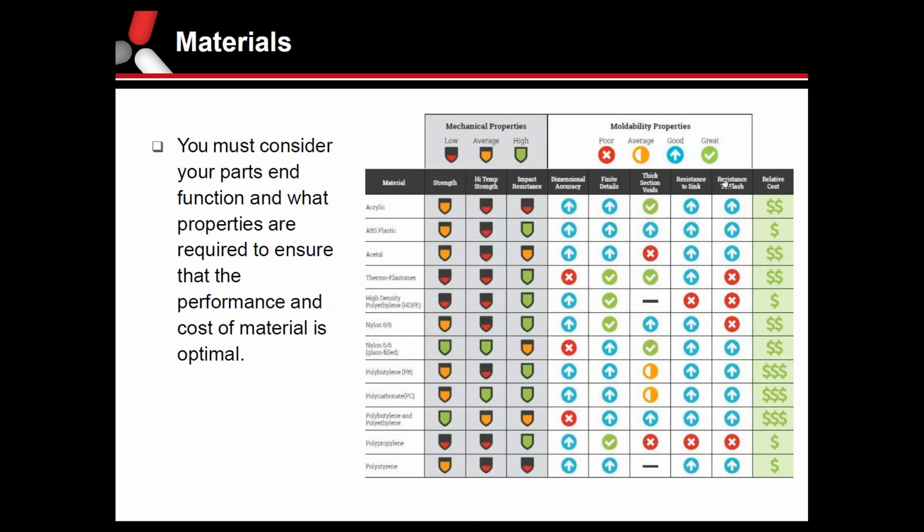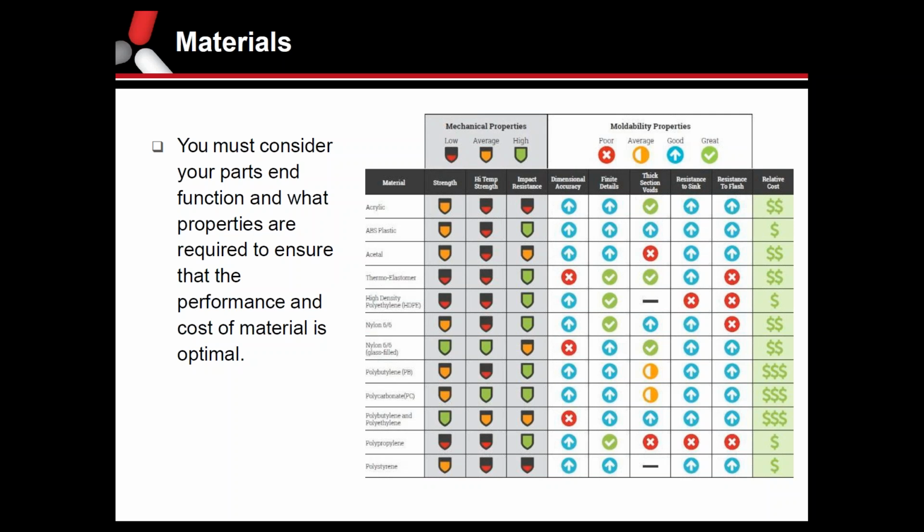familiar with the process. So probably first thing before even designing your part is your material, considering what environment this part is going to be in, how it's going to function, the performance of the part, and obviously cost of the material, because that's all going to play a role in your design as well, even coming down to wall thickness, if you're getting into overmolding, insert molding, and that type of stuff as well.